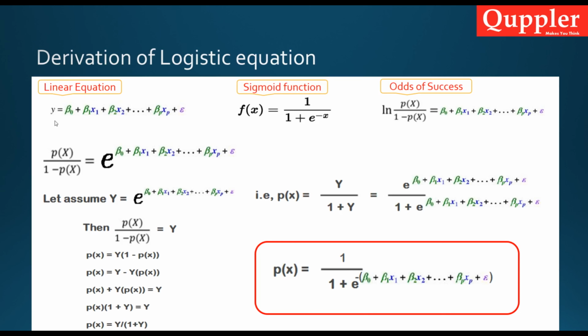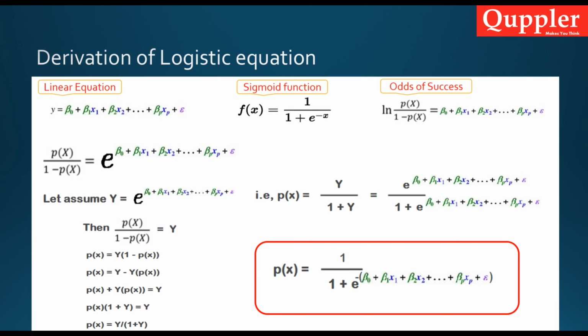Let's say we have the equation of the straight line as this, and we know the actual sigmoid function formula is f(x) equals 1 by 1 plus e to the power minus x, which we have to get at the end. So we want to derive this for the logistic equation, and as I said, this is an extension of the odds of success.